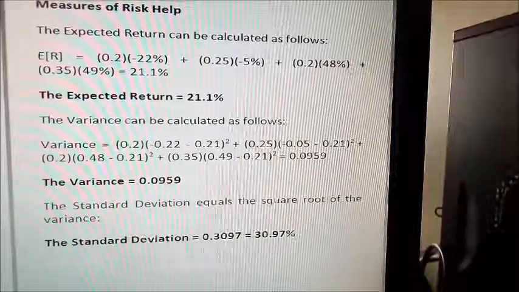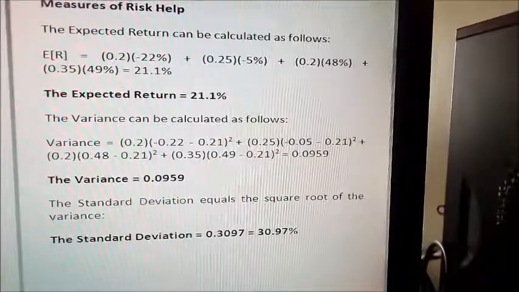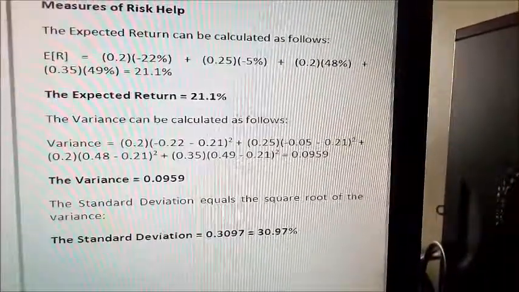The standard deviation is equal to the square root of the variance, equal to 30.1917%.